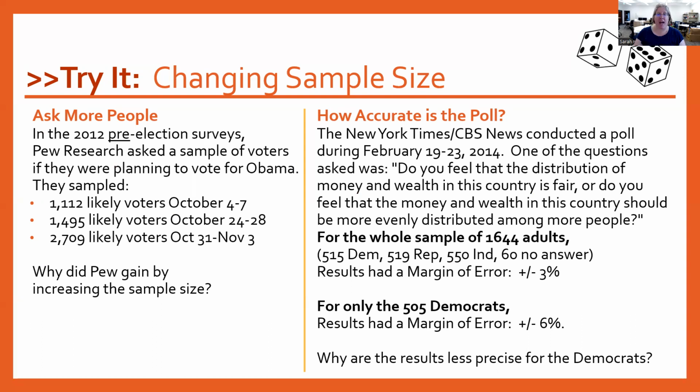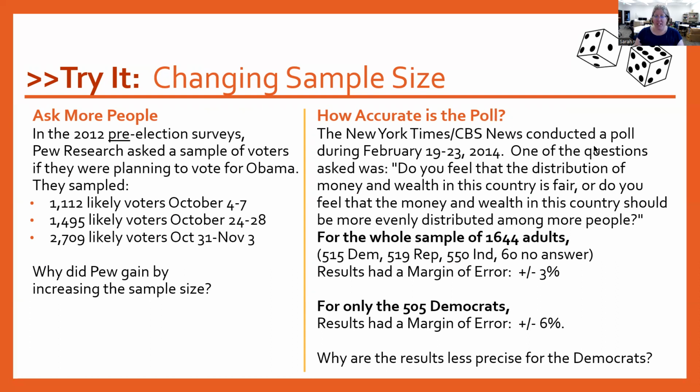Getting that larger group of voters right before the election helps you really narrow those results down. So rather than saying, we think 40 to 80% of people are going to vote for this, you'll be able to narrow it down much more tightly and say, it looks like 55 to 62% are going to vote for this.